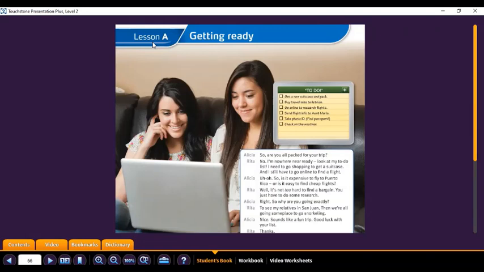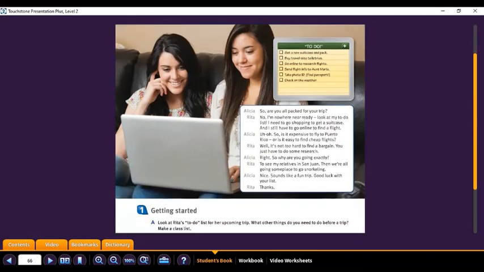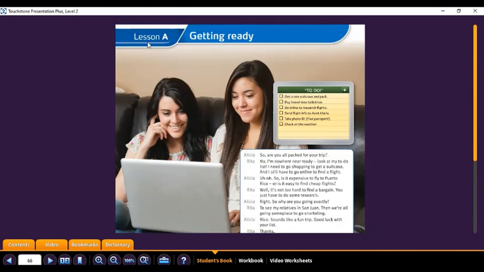As you can see in this picture, these two girls are making a to-do list. Here we have: get a new suitcase and bag, buy travel size toiletries, go online to research flights, send flight info to Aunt Maria, take photos, check on the weather. This is a list they need to know before planning the trip.